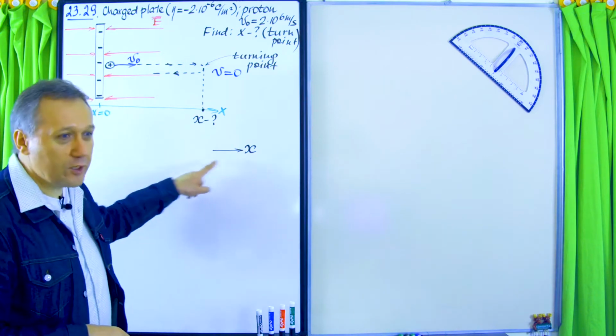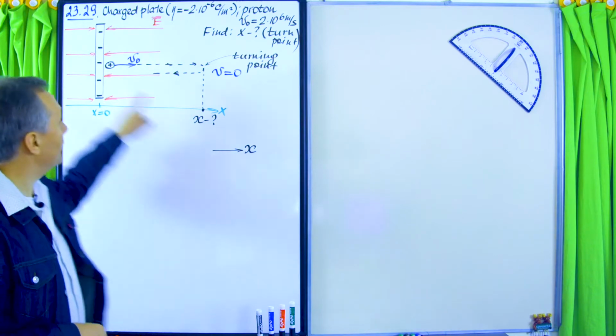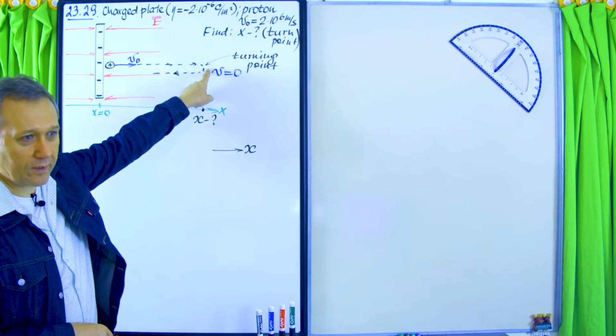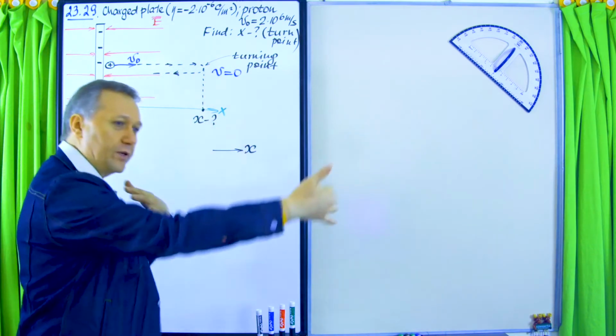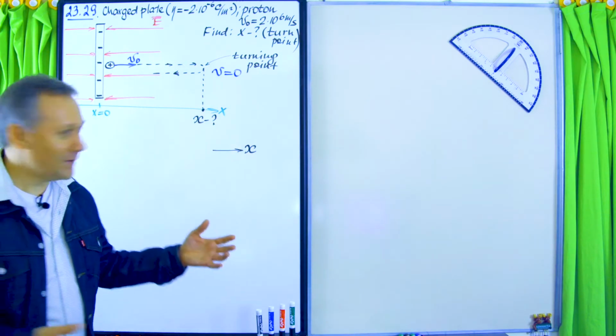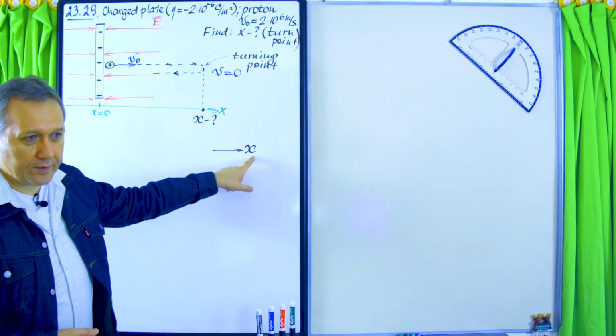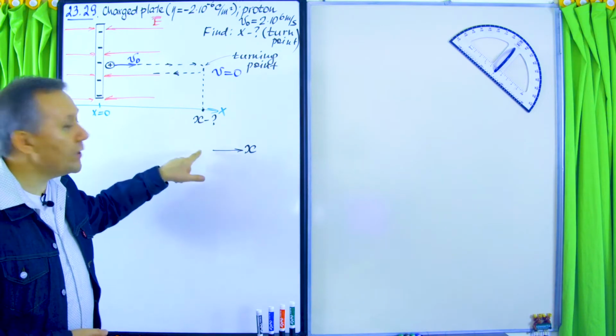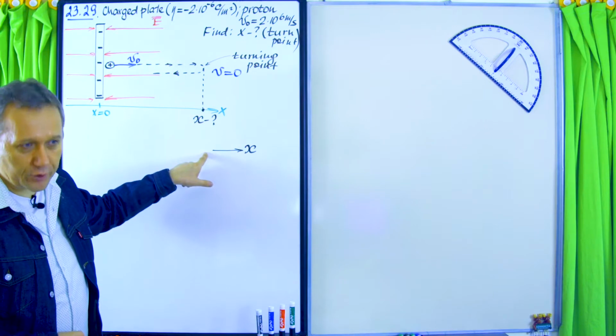So here, in order to predict X, which is basically the future of the system at the turning point, we're like a fortune teller trying to predict the position of the system. Or future tellers, right? In order to calculate X, we need to know acceleration.